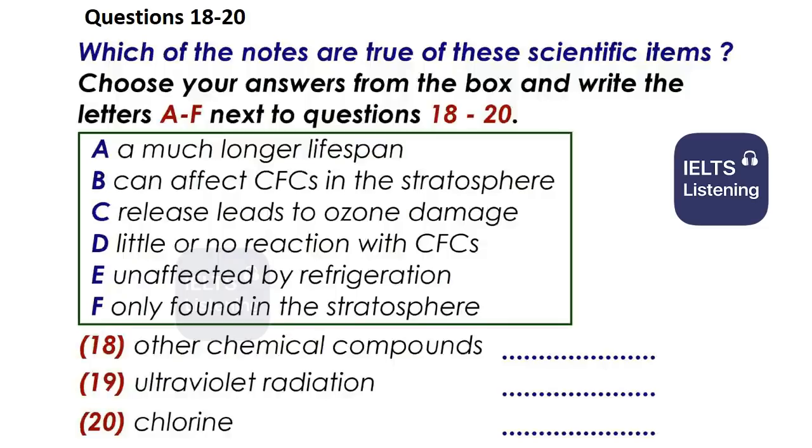This gives them a long lifespan, more than 100 years in some cases, and allows them to rise into the upper levels of the atmosphere, the stratosphere, unchanged. There, ultraviolet radiation from the sun starts to break them down, freeing the chlorine atoms from the CFCs. It's this chlorine that helps destroy the ozone there.